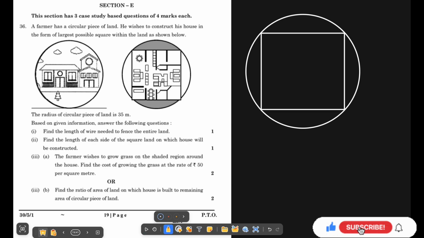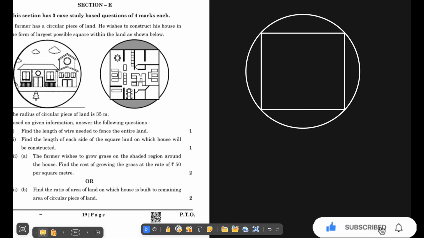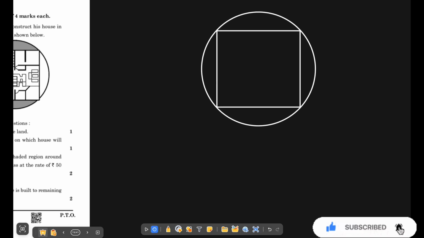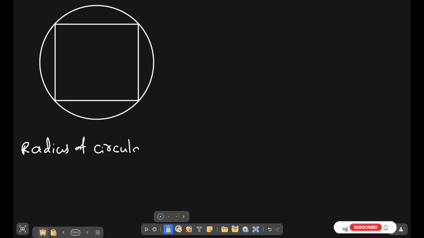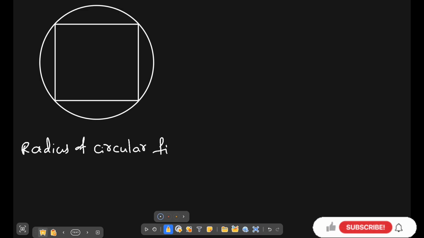So what is the radius of the circular field? It is given as 35 meters.